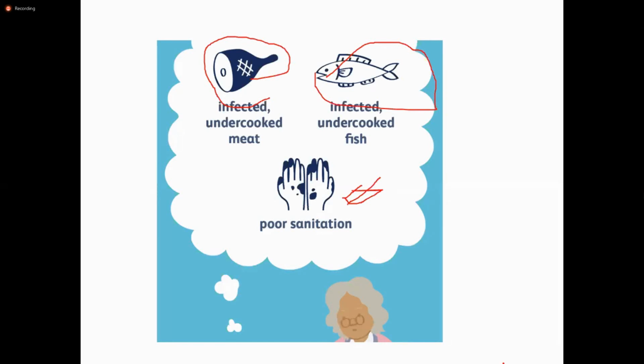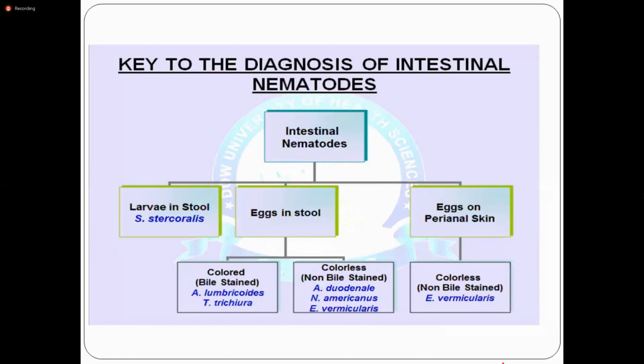This concludes my lecture today, and in the last we will follow this flow chart: intestinal nematodes. Larvae in the stool may be due to Strongyloides stercoralis; eggs in the stool may be due to Ascaris lumbricoides, Trichuris trichiura, and Ancylostoma duodenale.